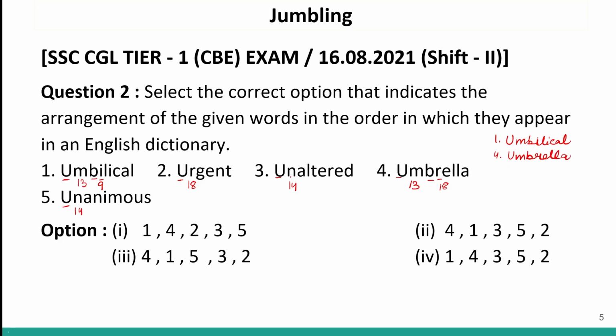Then we'll get unaltered or unanimous. So unaltered, the next word is A, and over here also A. Correct? So move on to the next letter. Next letter is L. L is 12. And over here the next letter is N, and N is 14. So obviously 14:12 will come before 14:14. So the next word will be unaltered.